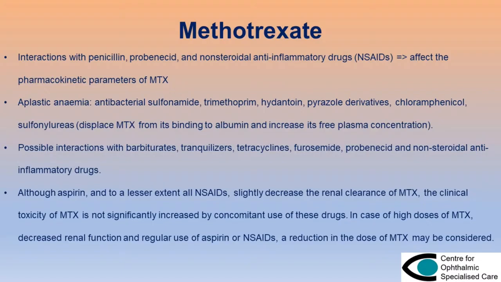A very important side effect, which is aplastic anemia, can happen with concomitant prescription of sulfonamide, trimethoprim, chloramphenicol with methotrexate, and this is happening because this drug displaces methotrexate from its binding to albumin and can increase the free plasma concentration of methotrexate.